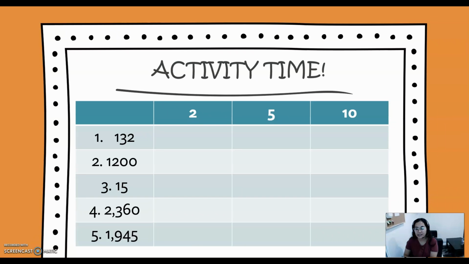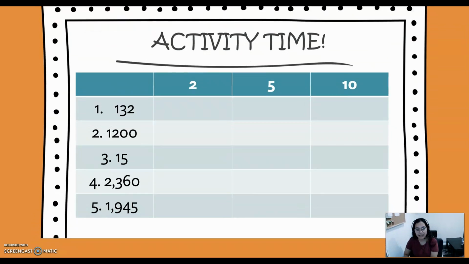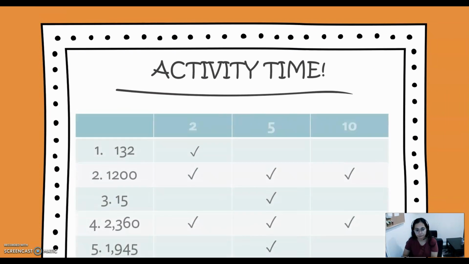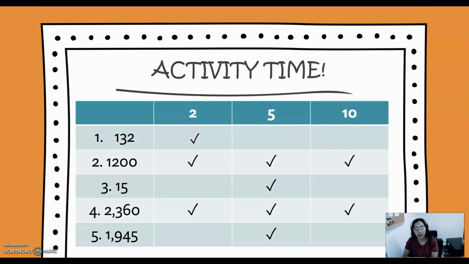Let's check the final answers for this. In number 1, 132, the last digit is 2, which means it is divisible by 2. Next, we have 1,200. It ends with 0, and 0 is an even number, so it is divisible by 2, 5, and 10. Number 3, we have 15.